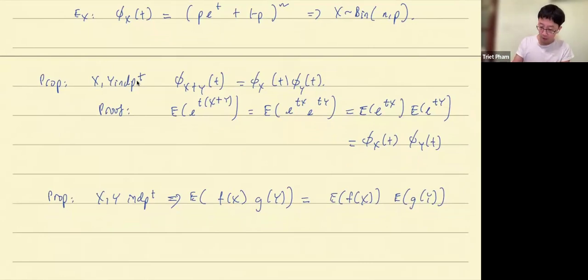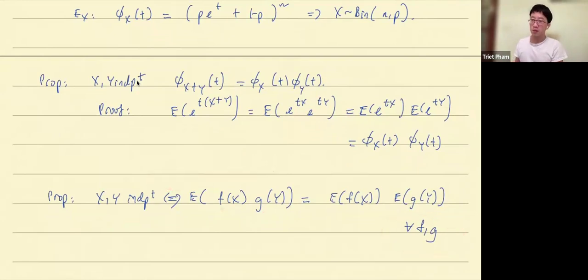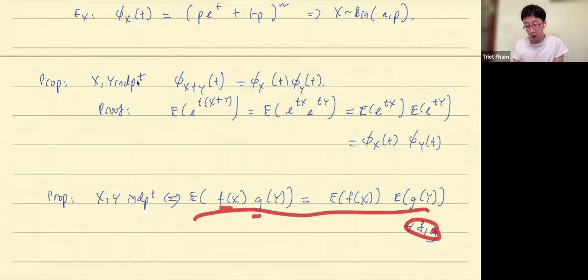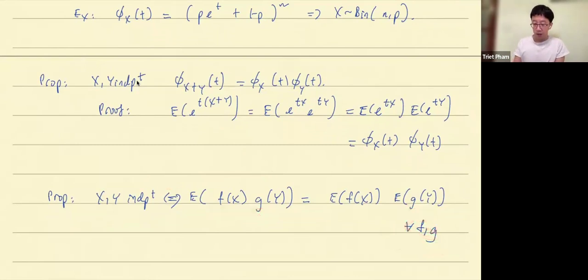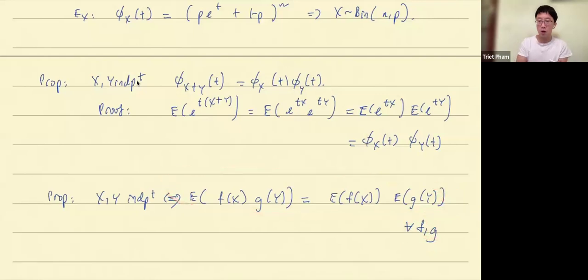I'll give you something for free: it also goes back. As long as you check this direction for any function f and g, which is actually very hard, because it's not enough to check that this works for some functions f and g. You have to check that it holds for any functions f and g. Then you can conclude that X and Y are independent random variables. But the direction we're concerned with right now is the forward direction.